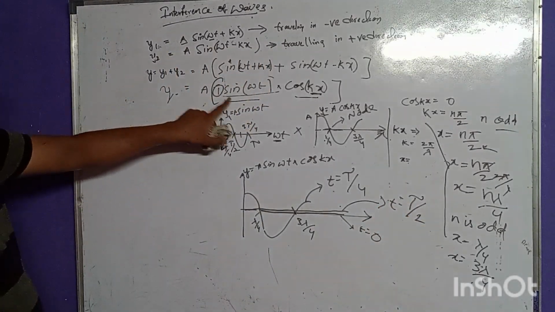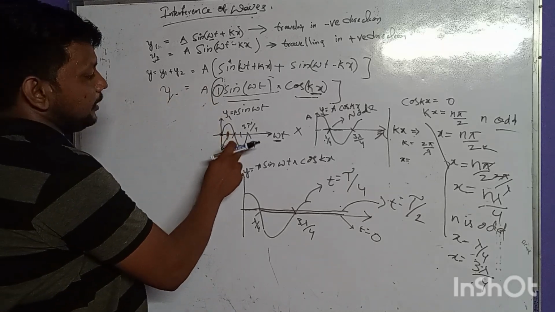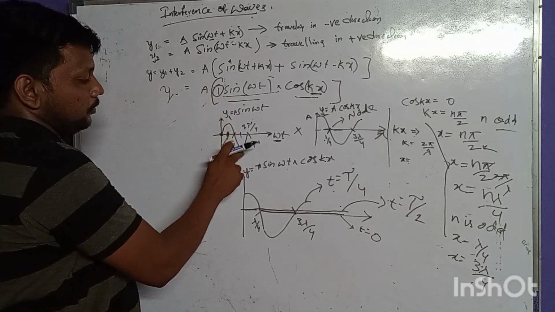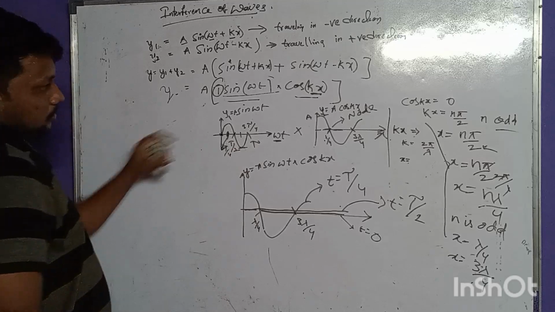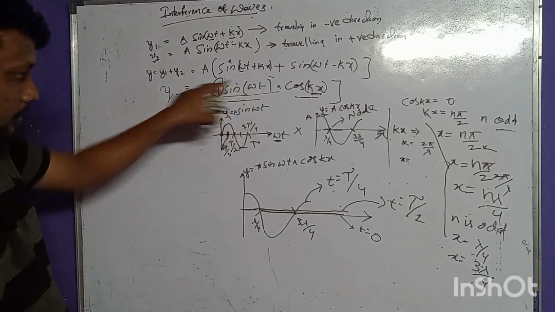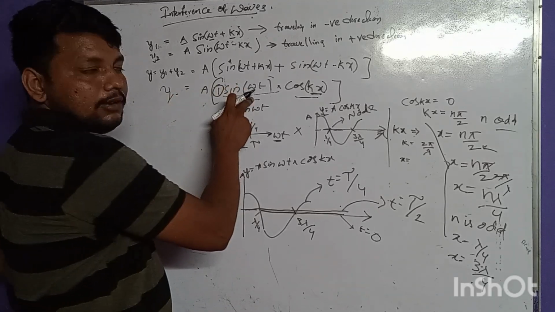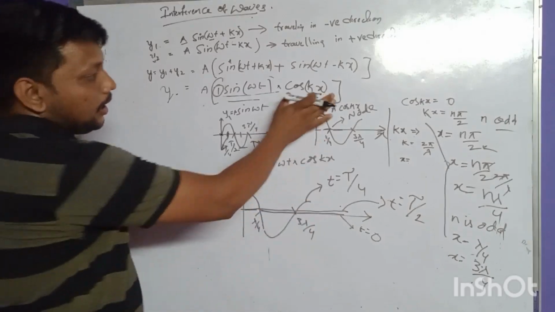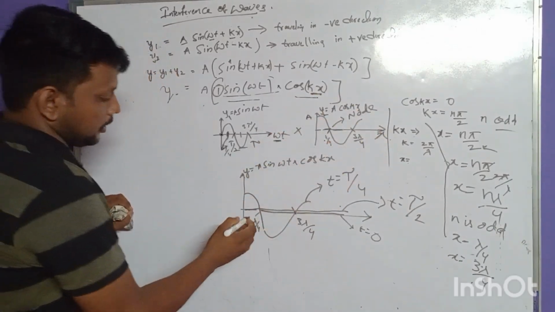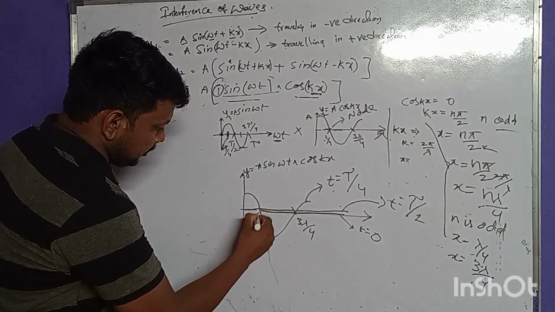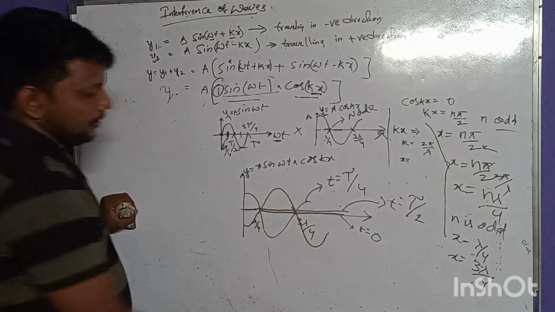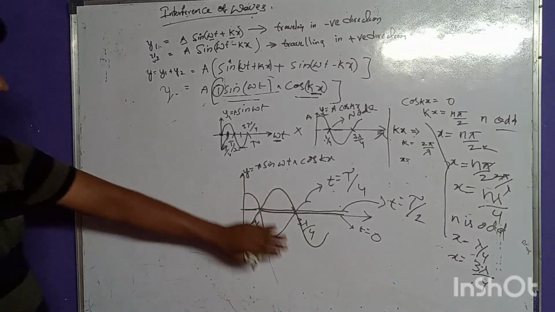At t is equal to 3 tau by 4, this sine wave is -1, right? a into -1 into cos kx, this is the graph, right? I get the negative peak, right? Yes.